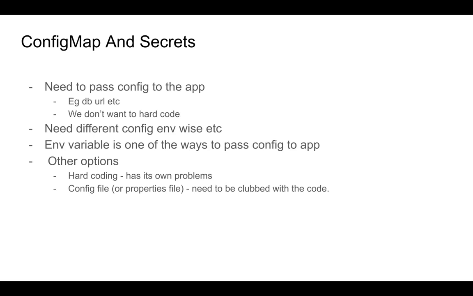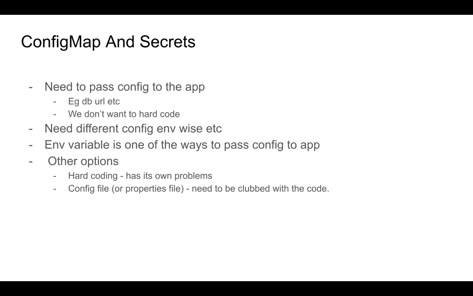There will always be a need, most of the time, to pass such configurations to the applications because you don't want to hard code these things in your code. As I already explained, some of these configurations will vary based on the environment: dev, QA, and production. Now, how do you pass these configurations to the applications?